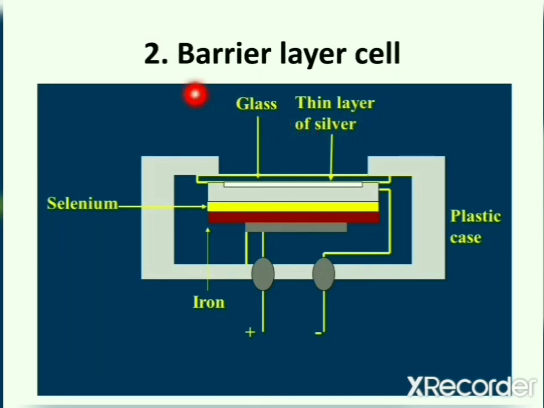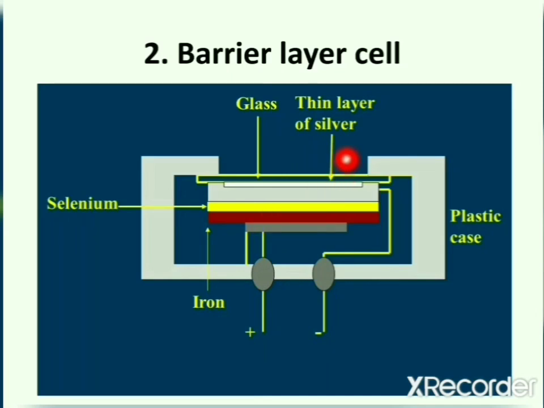Now when the radiation coming from the sample falls upon this thin layer of silver or gold, it generates electrons. Electrons are attracted towards the iron surface because it is maintained at positive potential. But this selenium semiconductor stops the transport of electrons towards the iron surface.